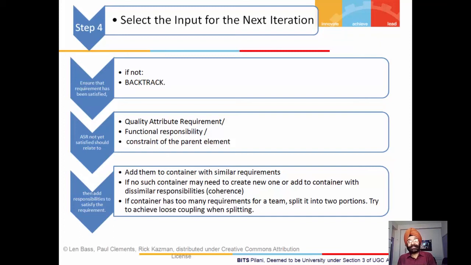And you can create containers with similar requirements. If you can contain containers, then that container becomes a submodule to be worked on. If you find that something is getting very complicated, it cannot be handled under one unit, break it up. That is a pretext for breaking. That's an architectural decision. And make sure that when you break it up, you take care of low coupling, high cohesion. This is basic design strategies. And having split it up, each of the submodules may focus on a particular ASR.